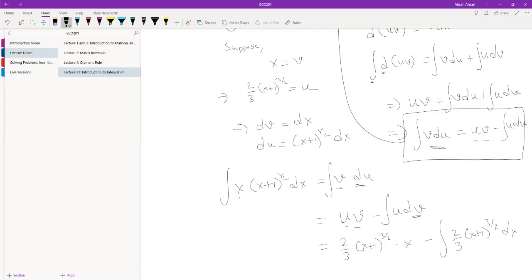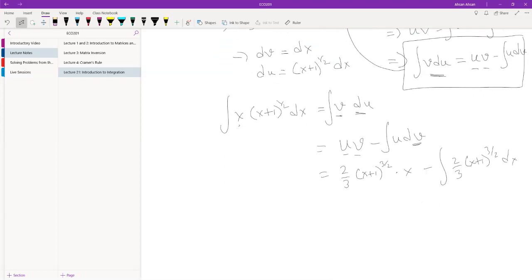So it may look complicated, but at the end of the day, all we are doing is substituting values. So if we do this now, we have 2/3 x (x plus 1) to the power 3/2, minus, if we integrate this, we are going to get (x plus 1) to the power (3/2 plus 1), divided by (3/2 plus 1), have 2/3 here, plus a c.